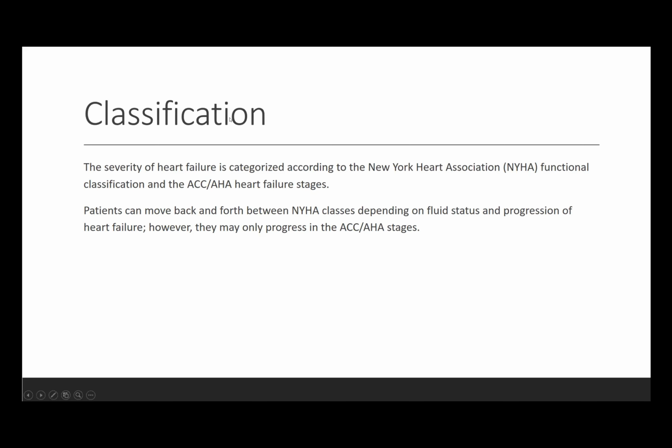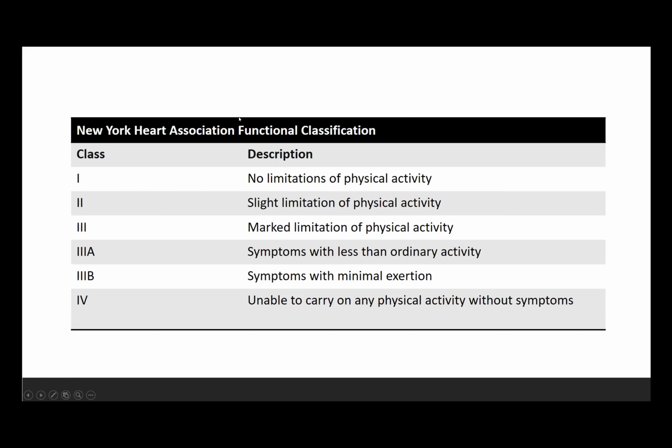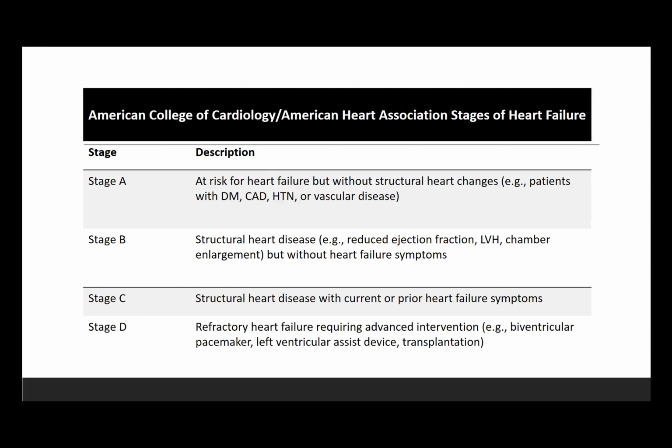Let's look at the scores themselves. In the NYHA, as Dalit was saying, class 1 is no limitation in physical activity, whereas class 4 is that they're unable to carry out any physical activity without symptoms. In the ACC classification, stage A is that the patient is at risk of structural heart disease. Stage B is that they have structural heart disease, but without features of heart failure.